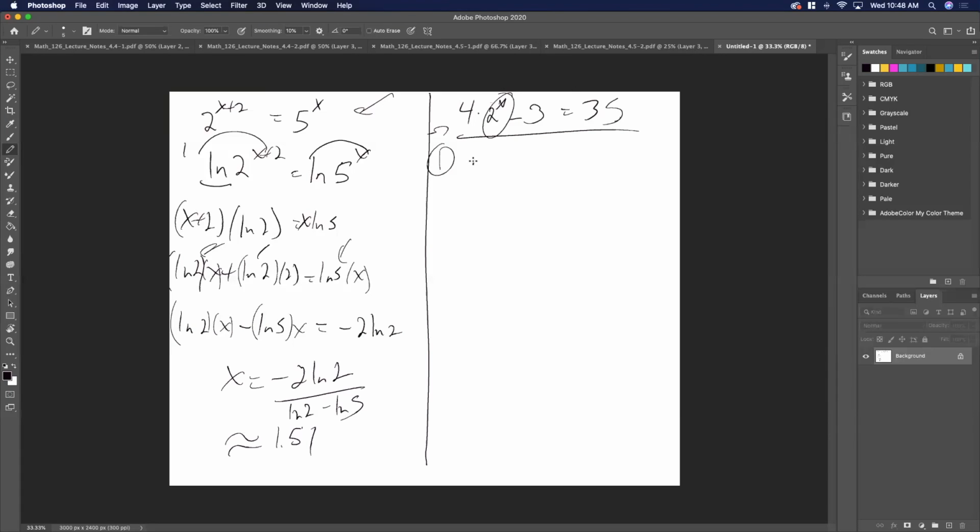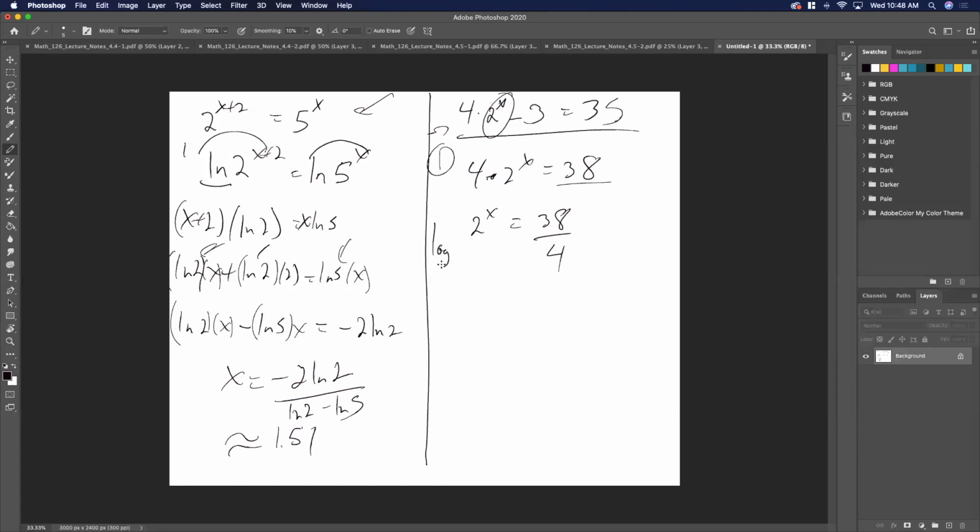So I get 4 times 2 to the x equals 38. Divide by 4. So I get 2 to the x equals 38 over 4. It doesn't do it super cleanly. It's fine, just leave it right there.